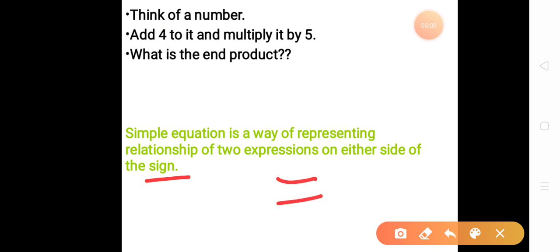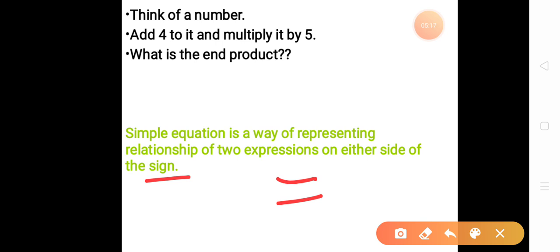Yes, you cannot replace the equal sign with some other sign. And if you don't have an equal sign in your expression, then it is not going to be a simple equation.